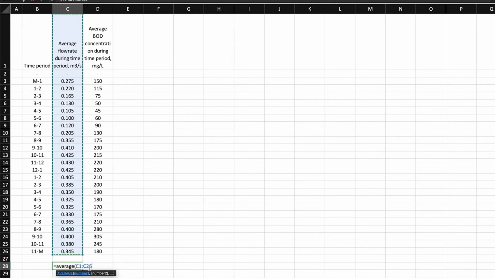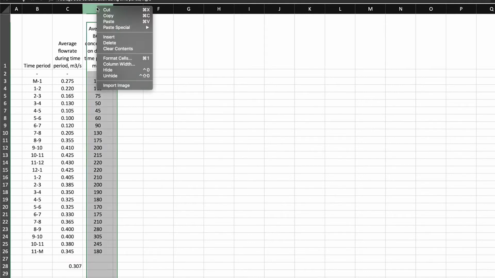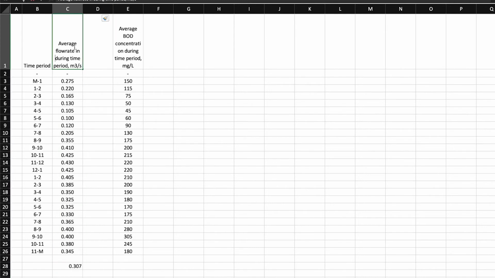First thing we want to do after entering the data for the flow rates during each time period is we can calculate the average flow rate. We get 0.307 cubic meters per second. Next thing we want to do is just to clarify that we've got the average flow rate that's coming into the equalization basin at each time period, and then we have the average flow rate that's leaving the basin.